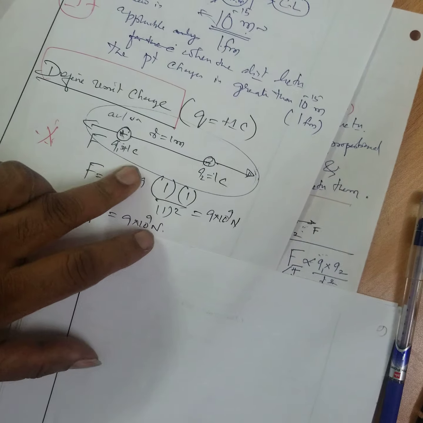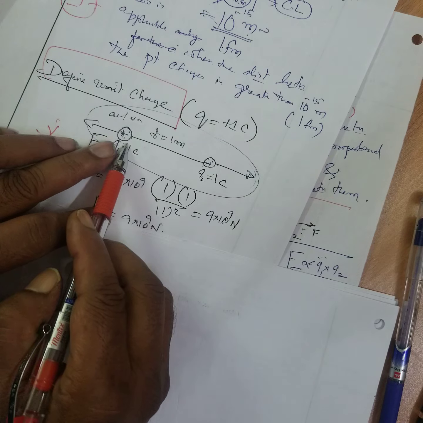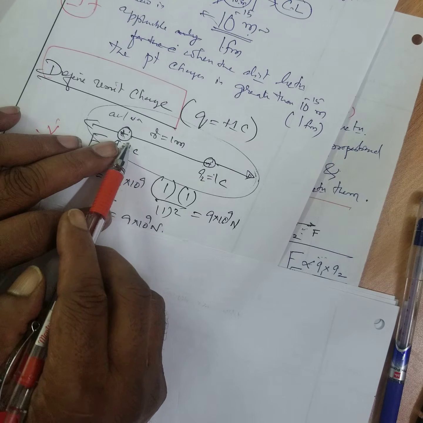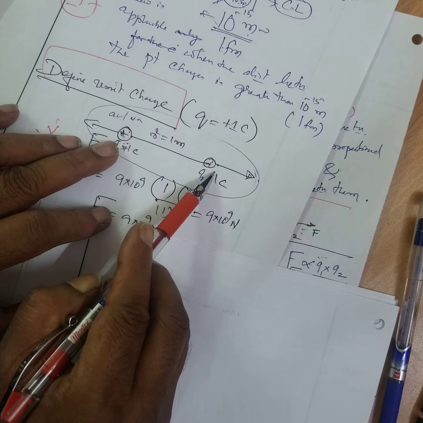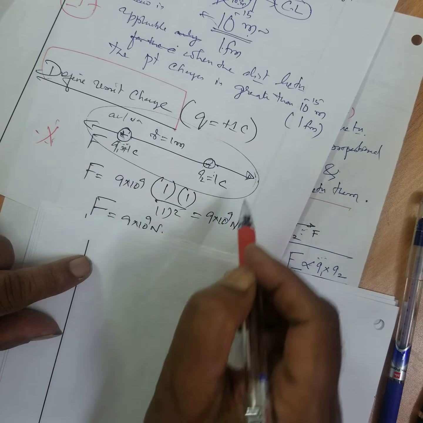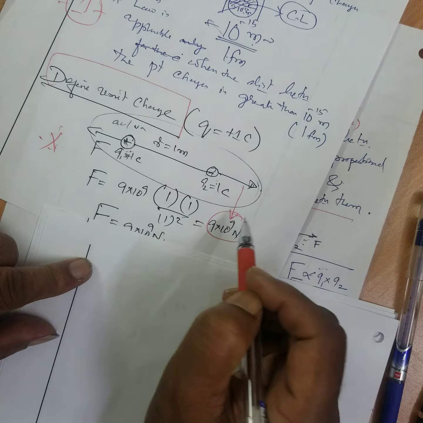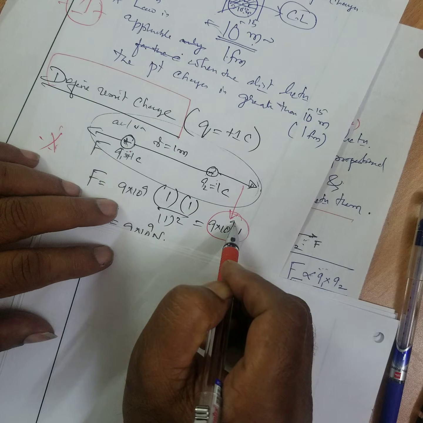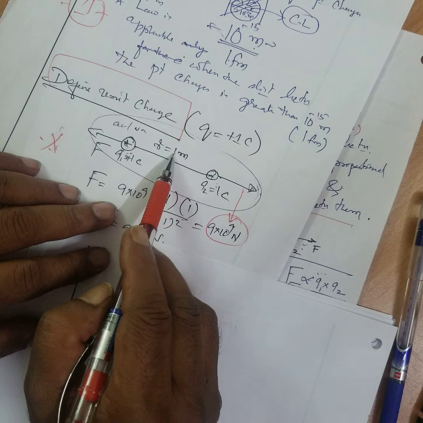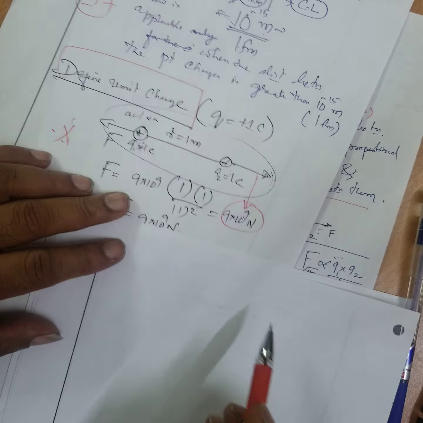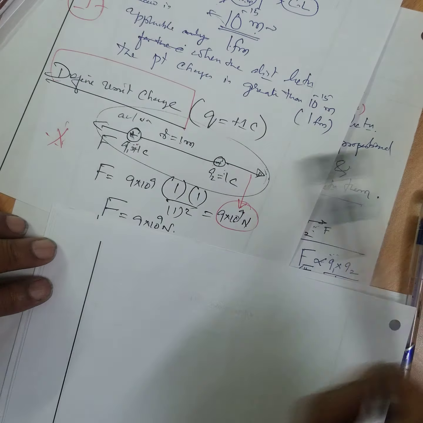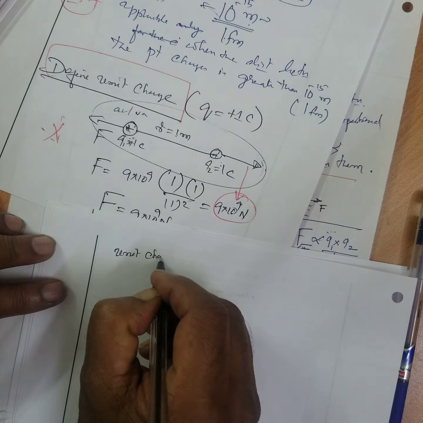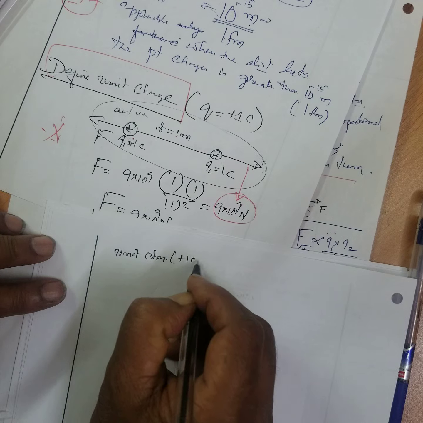How to define? 1 coulomb of charge which repels another identical charge with a force of 9 into 10 to the power of 9 Newton when placed at a distance of 1 meter in free space. Therefore, the definition of unit charge is 1 coulomb.